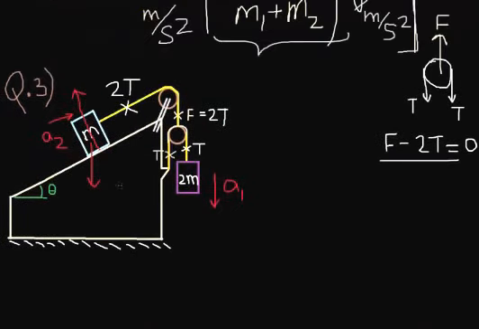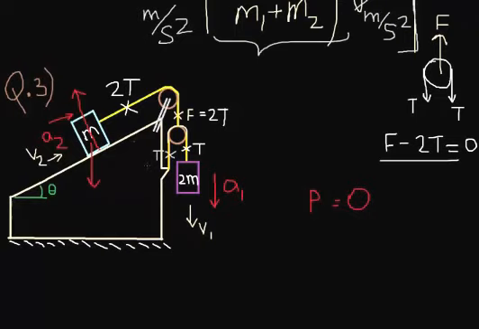Again, we write the constraint equations by finding the total power consumed by this system and equating it to 0. Since the power is force into velocity, let's say that the block M is traveling with velocity v2 and the block 2M is traveling with velocity v1.